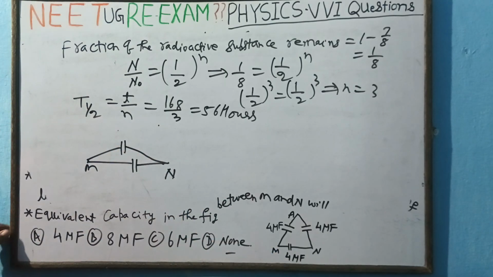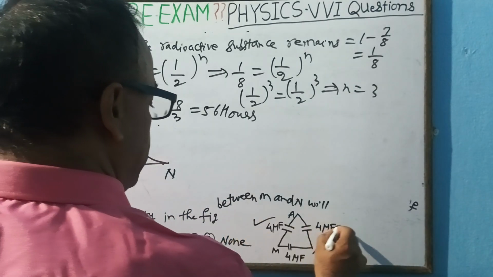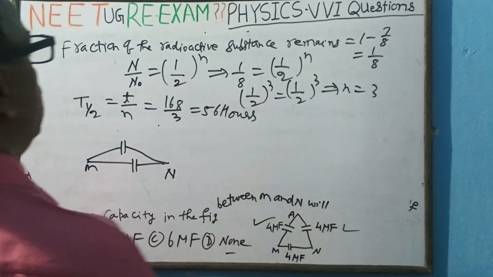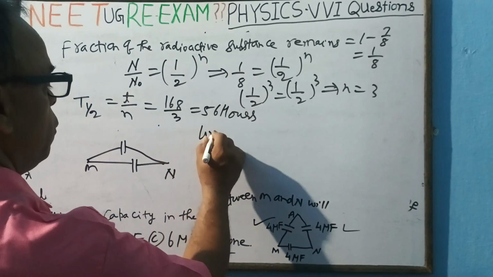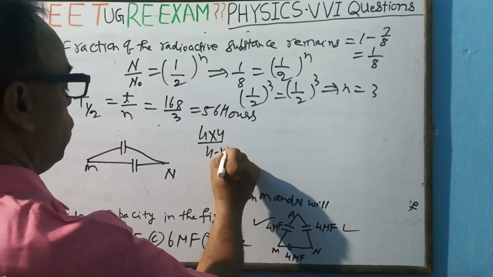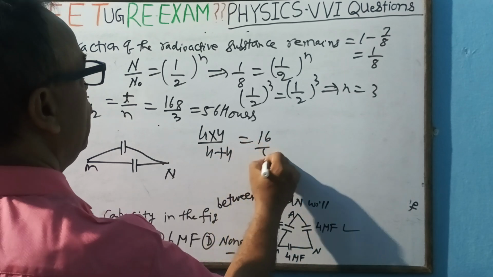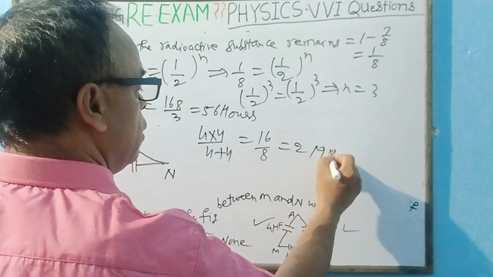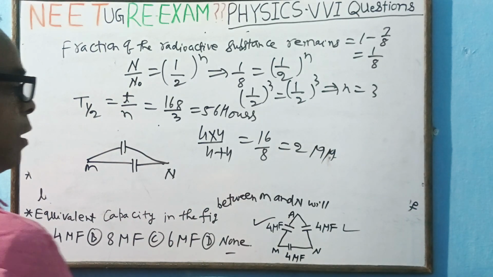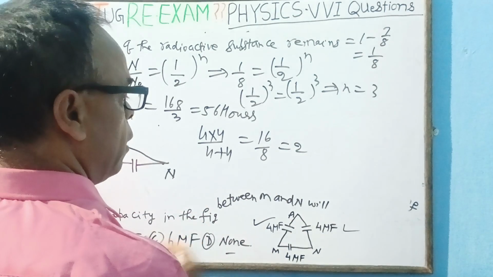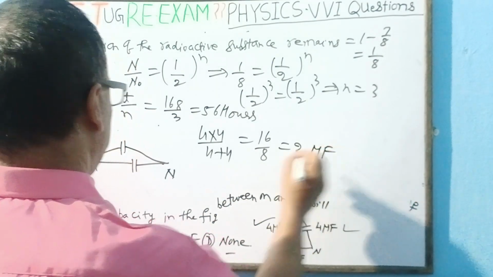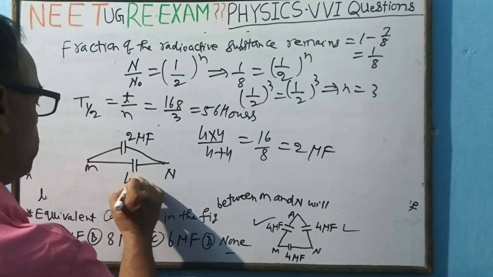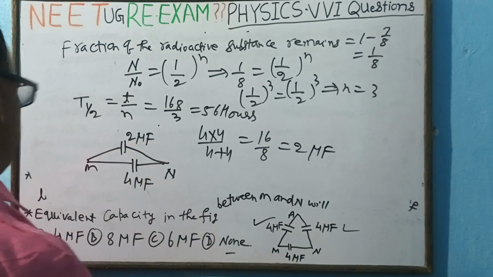The equivalent capacitance between 4 microfarad and 4 microfarad is 4 into 4 by 4 plus 4, that is 16 by 8, that becomes 2 microfarad. And we have to write 2 microfarad here and 4 microfarad below it.